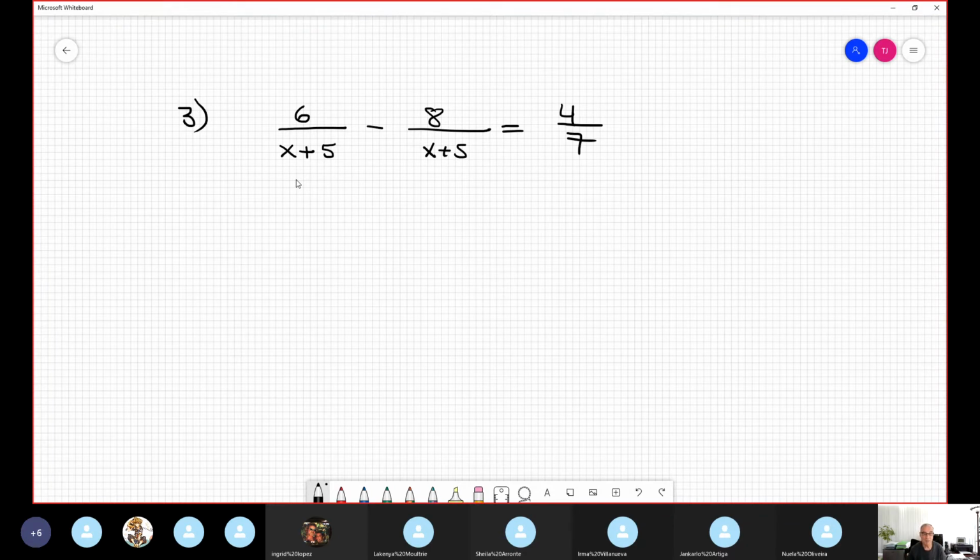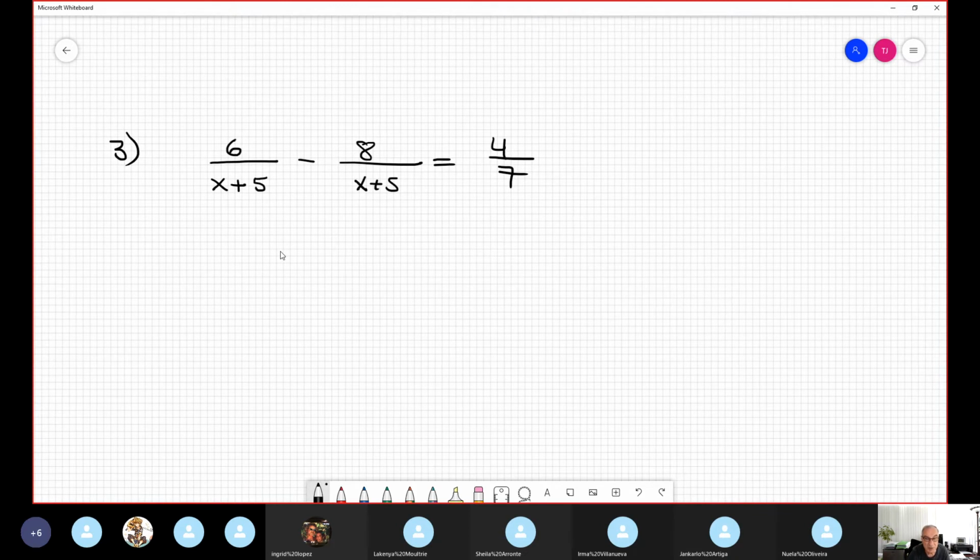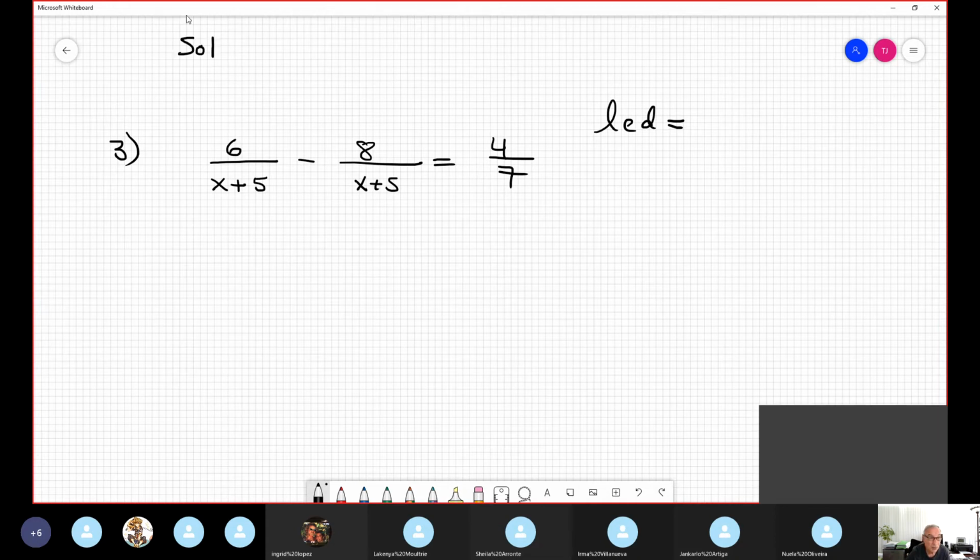However, in my opinion, remember what is the least common denominator in this case? Remember the way we are doing frequently. Get the most general way. Least common denominator. What is the least common denominator in this equation? This is an equation, and my goal is to solve for x.